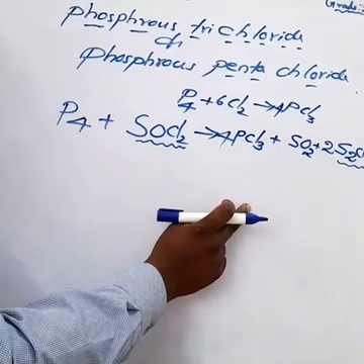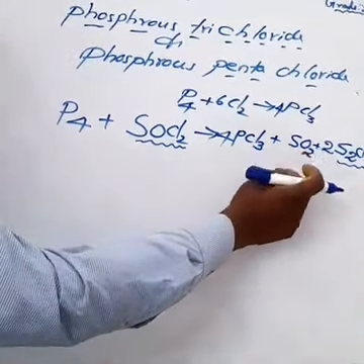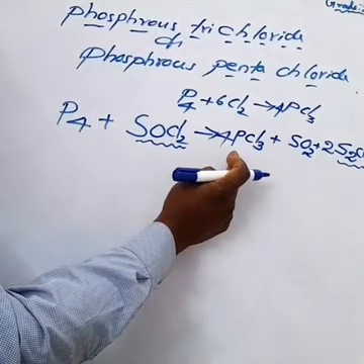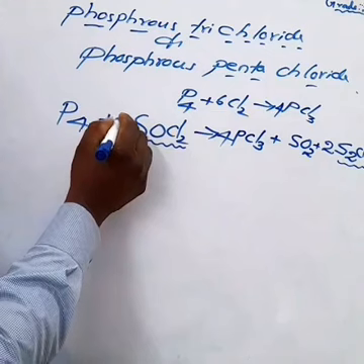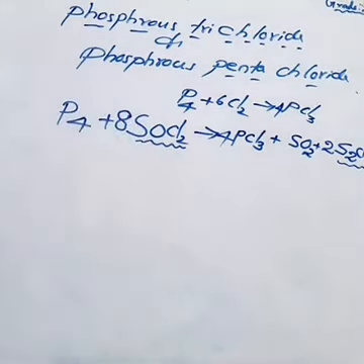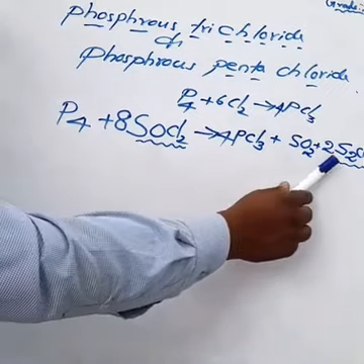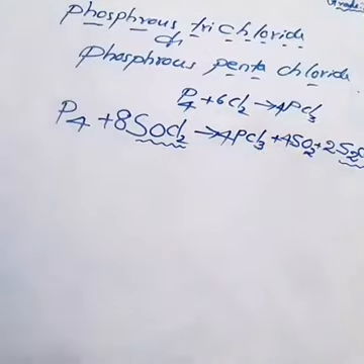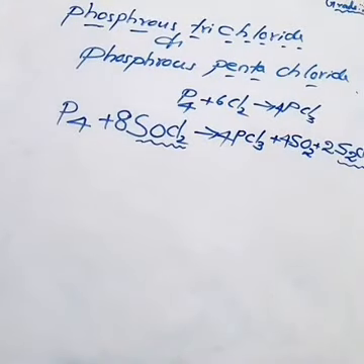So how much total chlorine is there? 2 2s are 4, here 4 3s are 12, so 16 chlorine. So make the reactant side thionyl chloride 8, since 8 into 2 is 16. Now chlorine is balanced. Next, the sulfur. Here we have 8 sulfur. Already 2 into 2 is 4 used, the remaining is 4, so make it 4SO2, 4 sulfur dioxide. Now the equation is balanced.